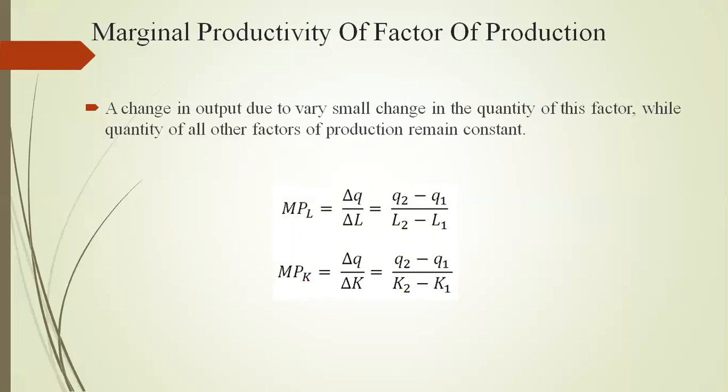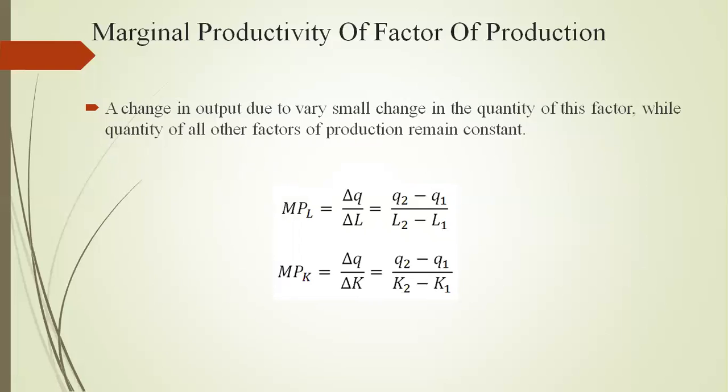Only when we are making changes in labor, your marginal productivity of labor will be delta Q, where delta Q represents the change in output, divided by change in labor. So it will be the marginal productivity of labor, we will say.